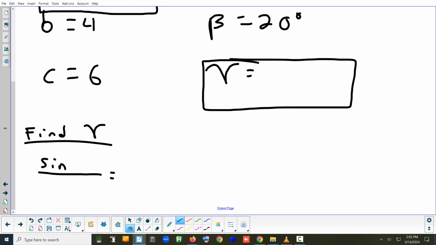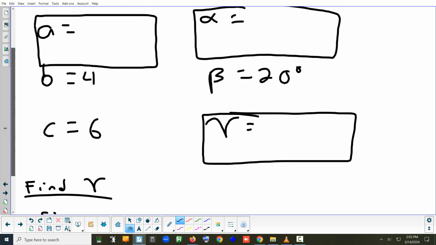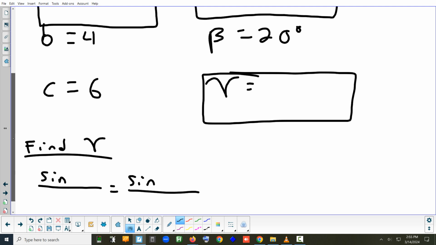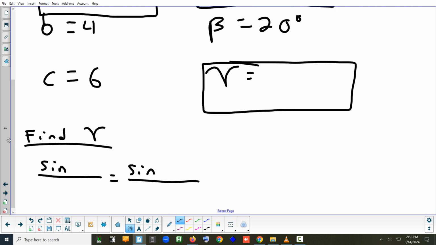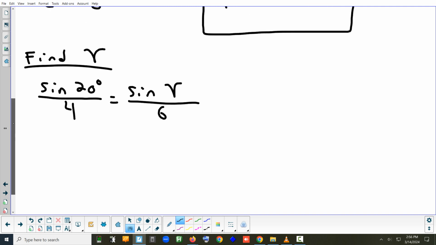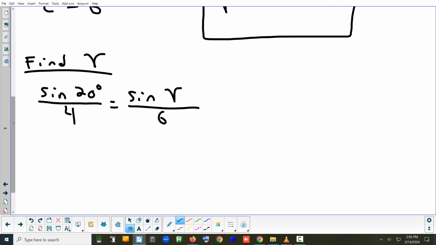So sine over, sine over. All right, and what would go on the left side when we're setting it up to find gamma? Sine 20 over 4. Okay, good. So sine 20 over 4 equals sine gamma over 6. Okay, so now we've got it set up.